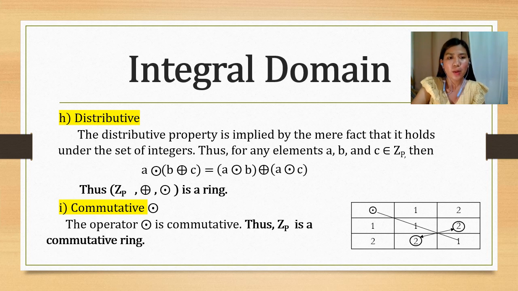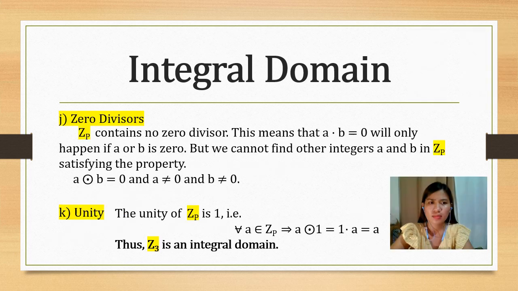Commutative. The operator multiplication modulo n is commutative since the elements are symmetric based on the main diagonal. Thus, Z sub p is commutative. Zero divisors. Z sub p contains no zero divisor. This means that a times b equals 0 will only happen if a or b is 0.